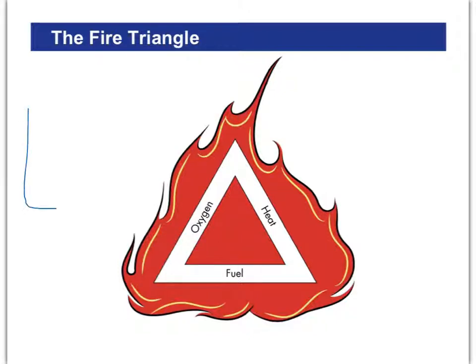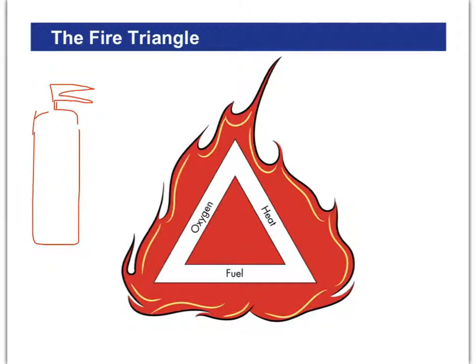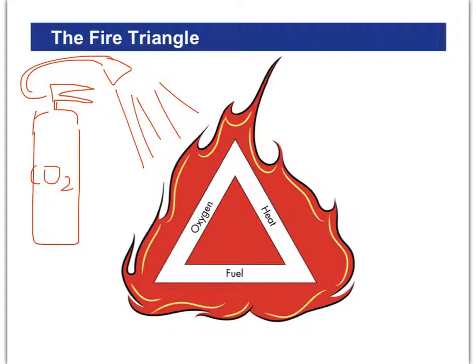For example, many fire extinguishers. I'll just draw a quick fire extinguisher right here. In many cases, it has that nozzle on the top, and you squeeze it, and a hose comes out. The type I'm thinking of puts out CO2, carbon dioxide.